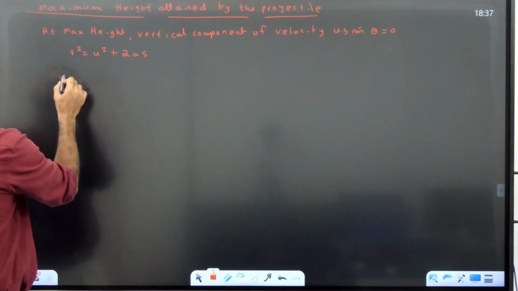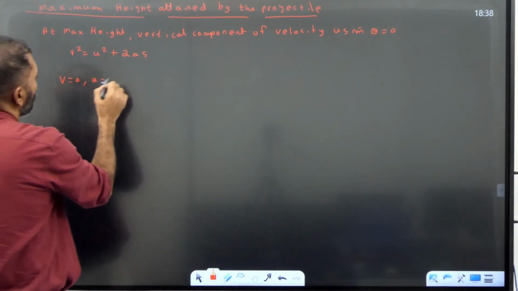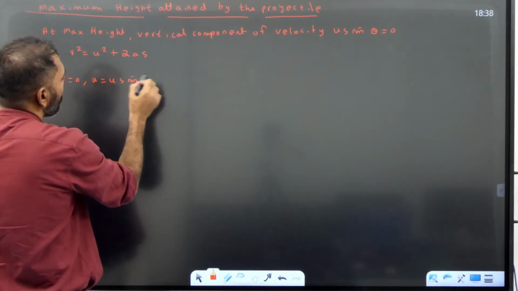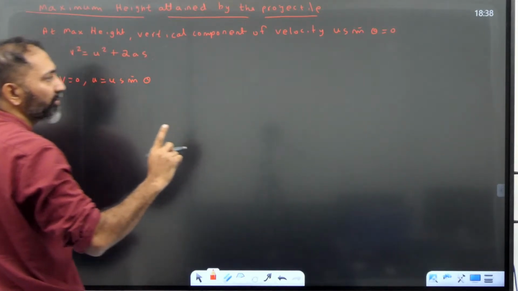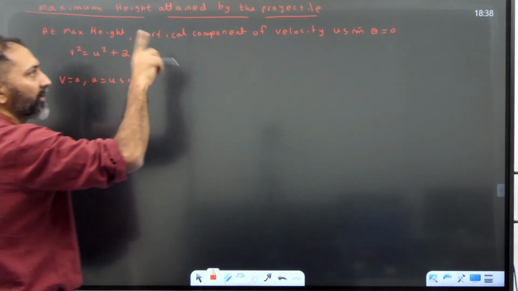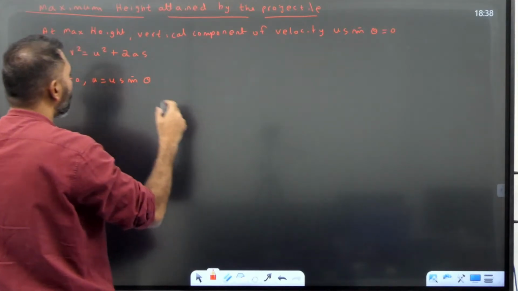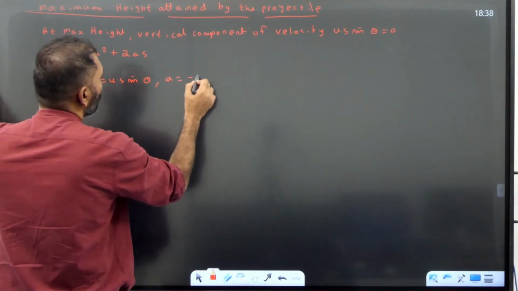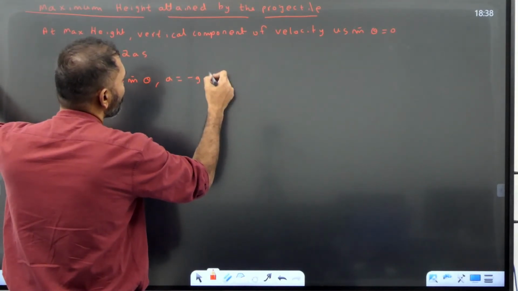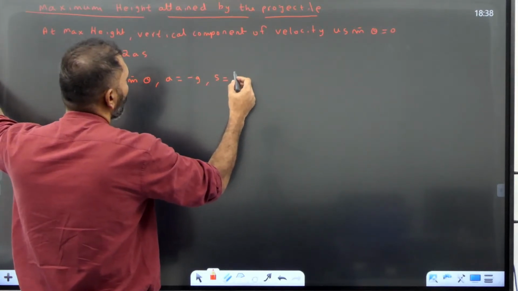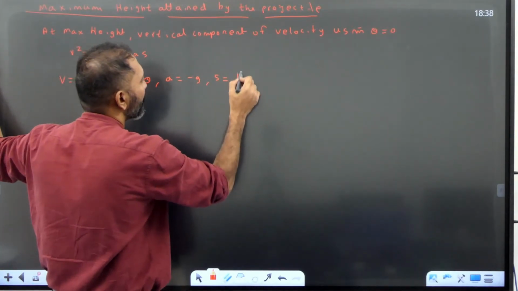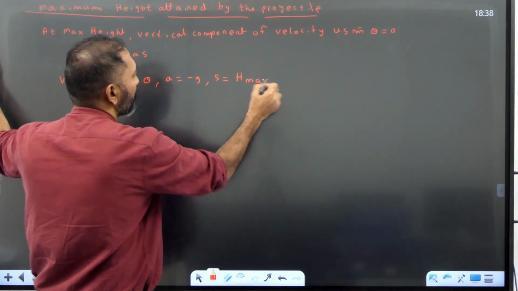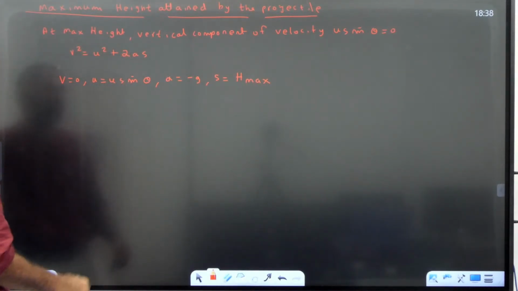So at the maximum height v equal to 0, u equal to u sin theta. We are considering only vertical motion, not horizontal motion, because maximum height is attained vertically. a equal to minus g, and displacement s is the maximum height h max.